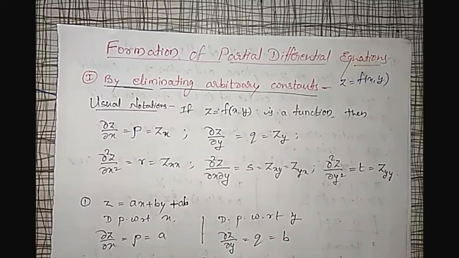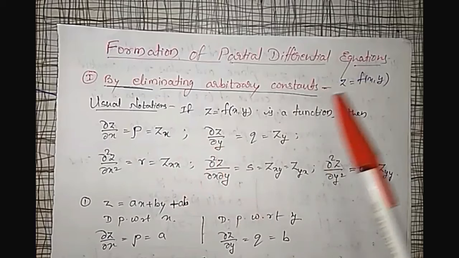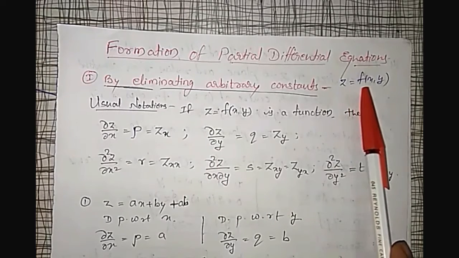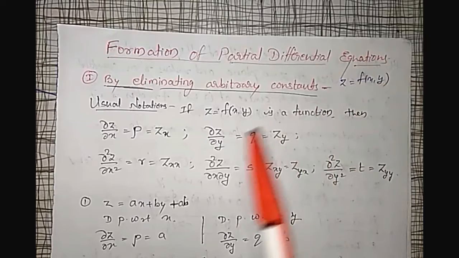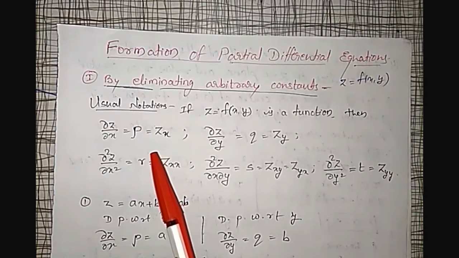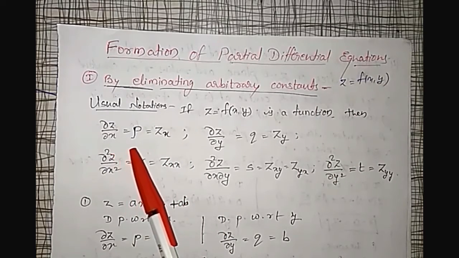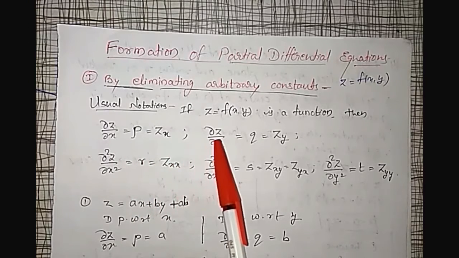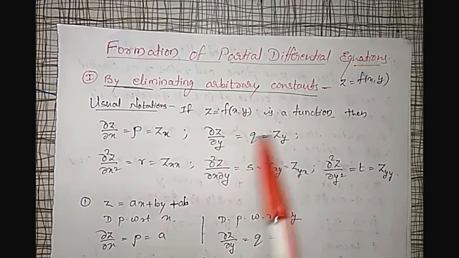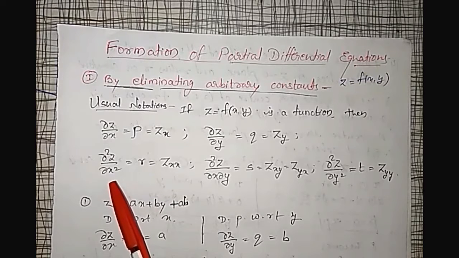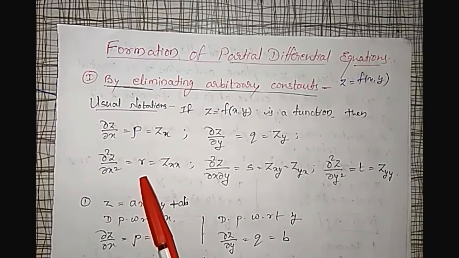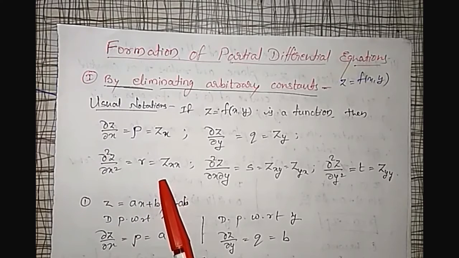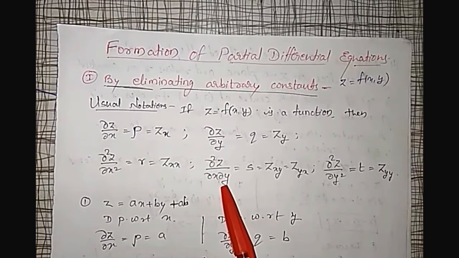Now, before again starting with the formation by eliminating arbitrary constants, throughout this module we are using z as a function of f of x y, and we are using the usual notations: dou z by dou x is equal to p or zx, dou z by dou y equal to q or zy, and second order partial derivatives: dou square z by dou x square equal to r or zxx, dou square z by dou x dou y or dou square z by dou y dou x are one and the same.